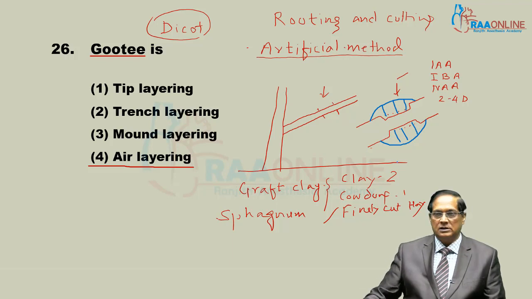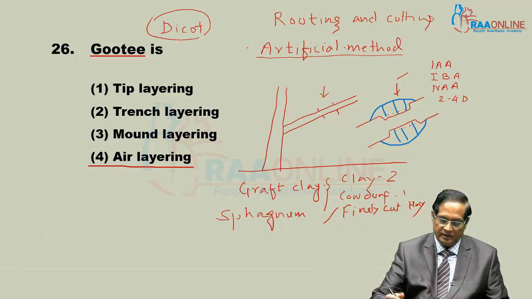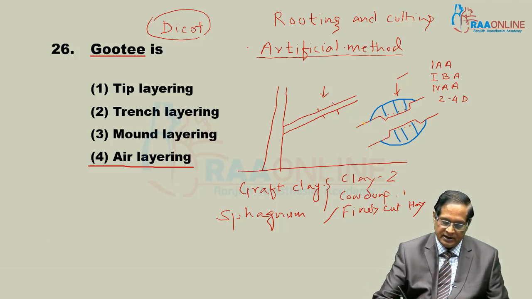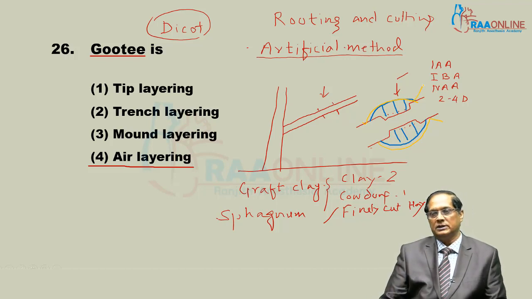After the application of graft clay, the entire structure is covered by polythene, totally wrapped by polythene. This is Guti actually.